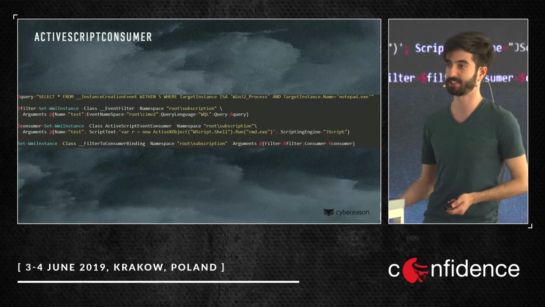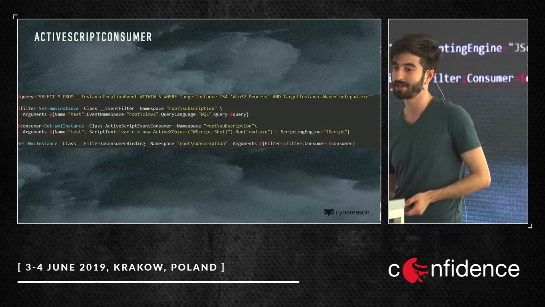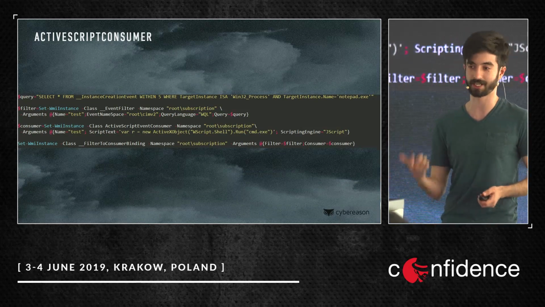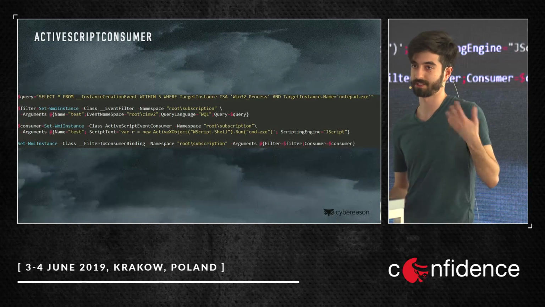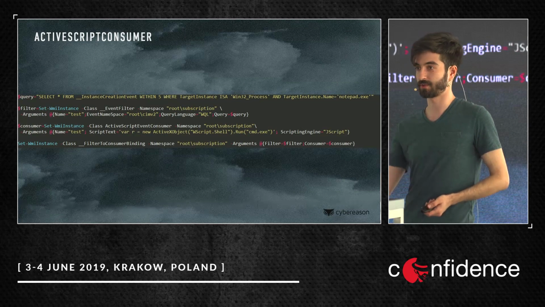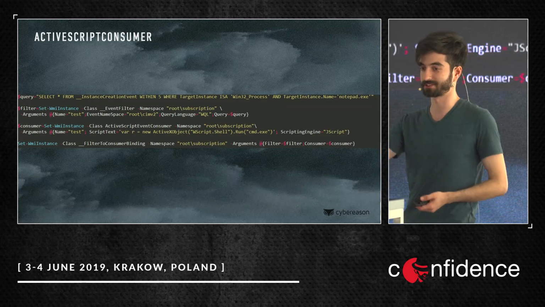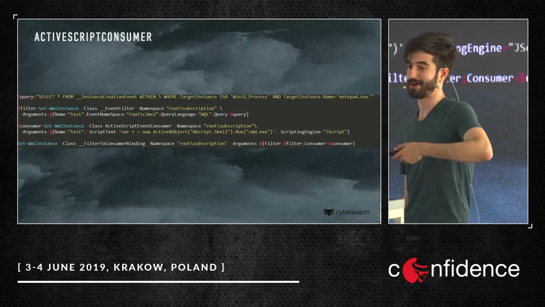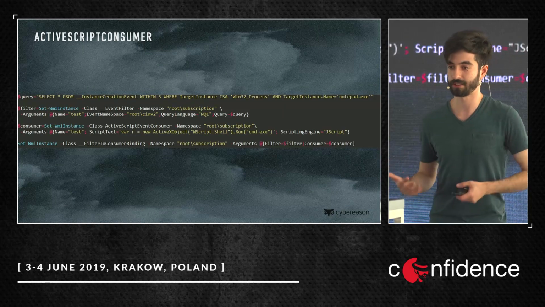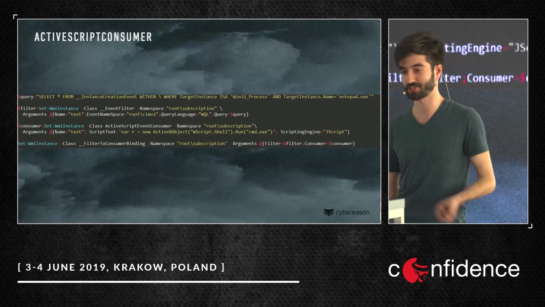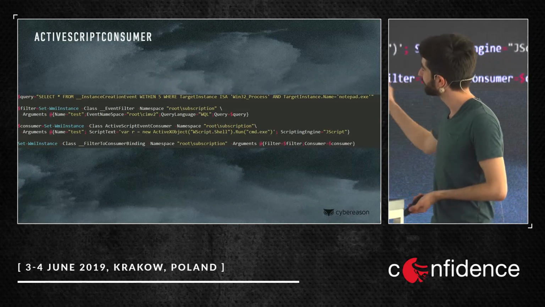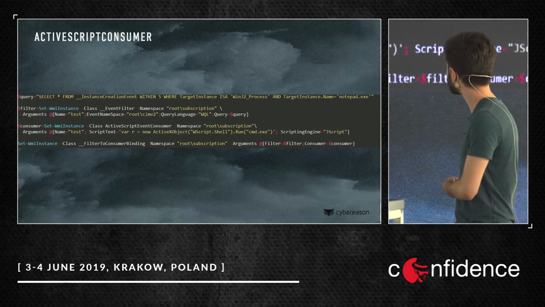So if you've ever seen this, tried to catch this, or used this, implementing a Device Guard bypass using ActiveScriptConsumer is exactly the same. What you need to do is to create an event filter which basically says every time that something happens, in this case, a Win32 process called Notepad is created, you invoke your event consumer, which in my case is named test with a script of run cmd.